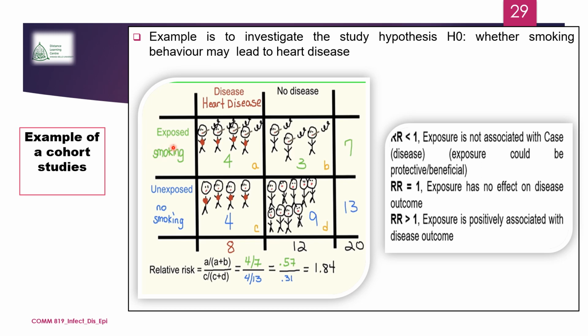Exposure is the keyword here. This particular set of guys are known to be smokers, while those that didn't develop, maybe those smokers. Okay, then unexposed 4, 9.